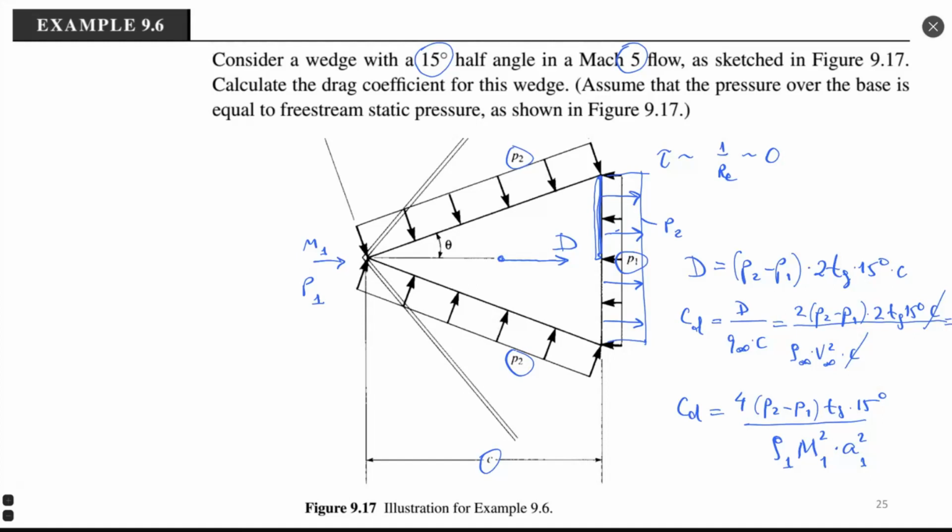And let's see what else we can have here. The product of density 1 and a squared is gamma RT, right? Yeah, gamma RT, and this has subscript 1. R is a constant. Does the product gamma RT give us something?